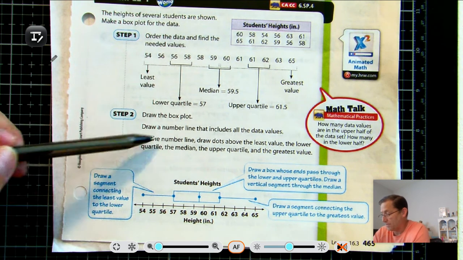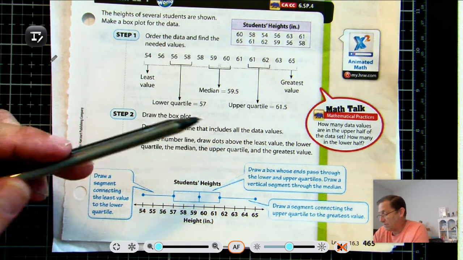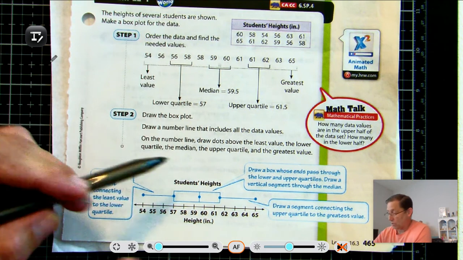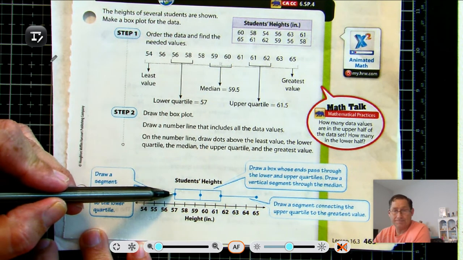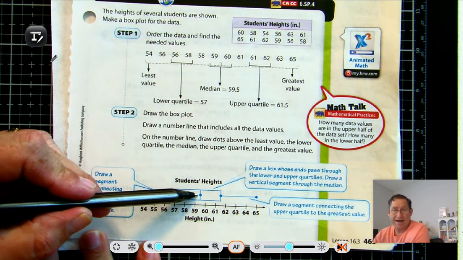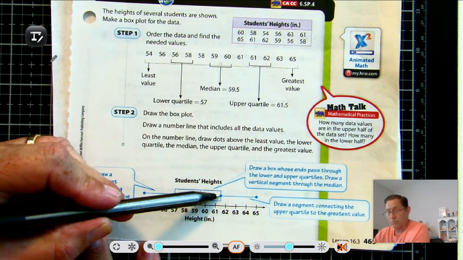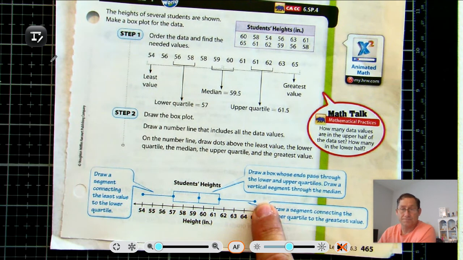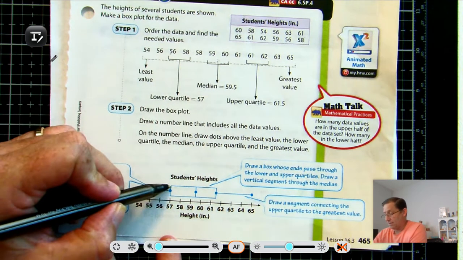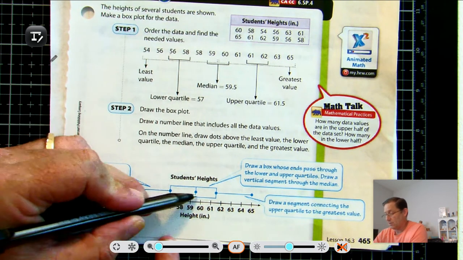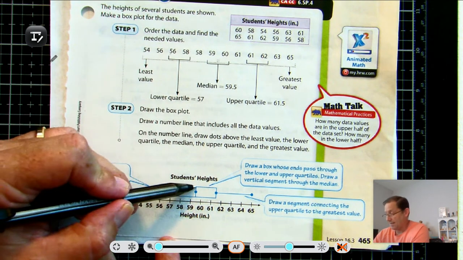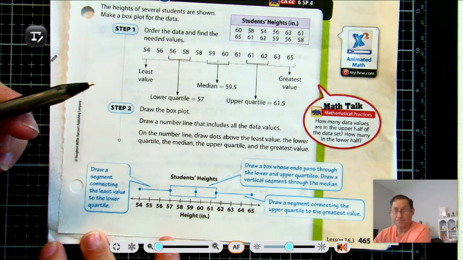All right, and so on the number line, draw dots above the least value, 54, the lower quartile, which was 57, the median, which was 59 and a half, the upper quartile, which was 61 and a half, and the greatest value, which was 65. Then draw a box around the lower and upper quartile and draw a vertical line through the median.